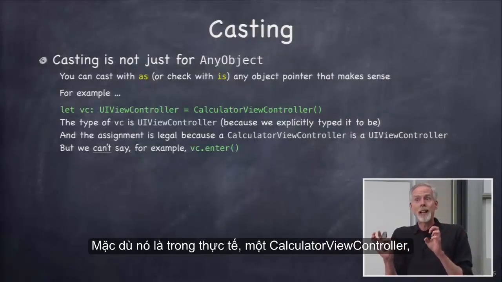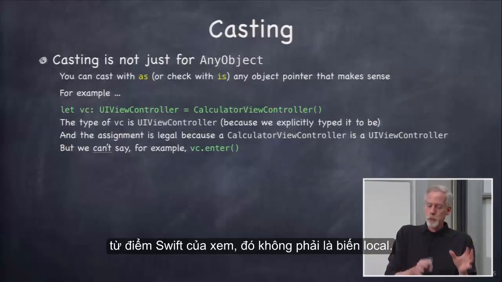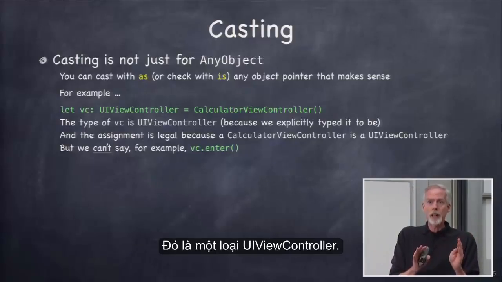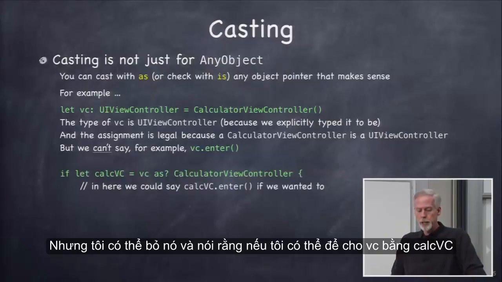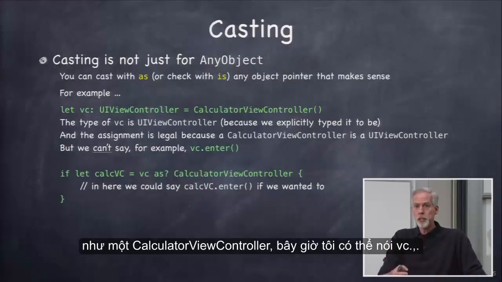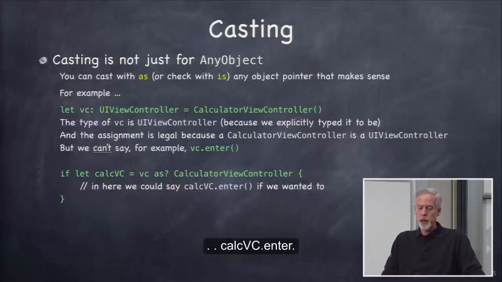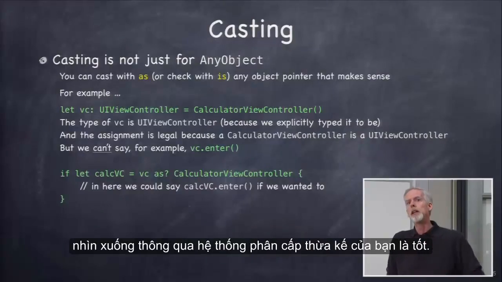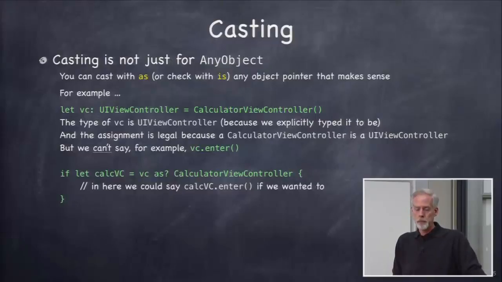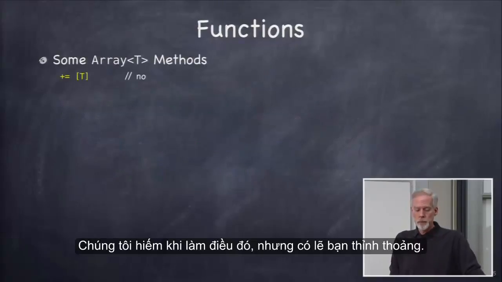Even though it is, in fact, a calculator view controller, from Swift's point of view, that local variable is not. It's of type UI view controller. But I could cast it and say, if I can let the calc VC equal VC as a calculator view controller, now I can say calc VC.enter. Okay? So you can cast, downcast through your inheritance hierarchy as well. You rarely do that, but might occasionally.